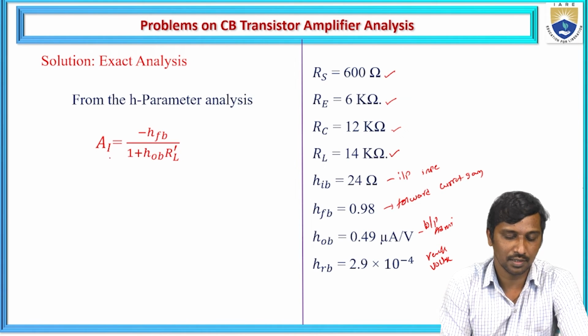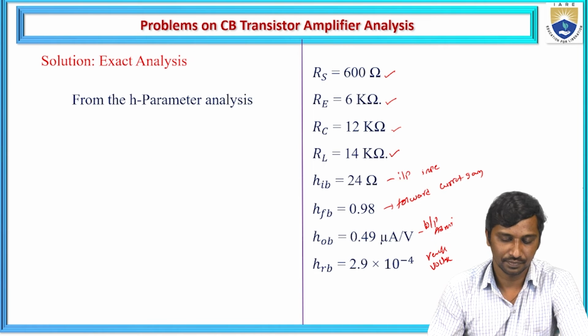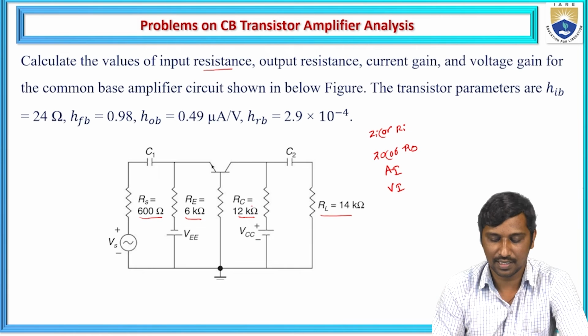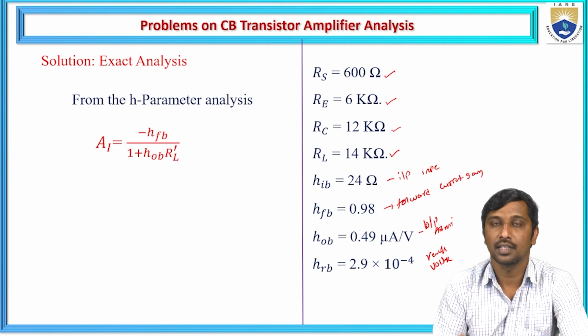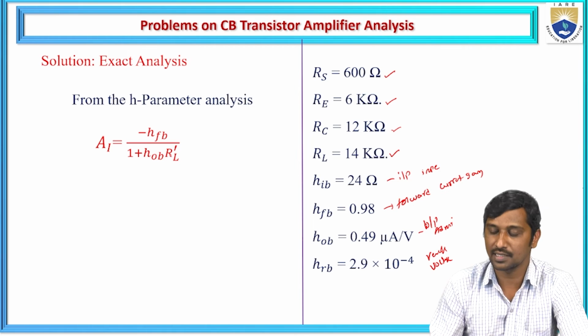If you observe the circuit, on the output side we have two resistances, the collector resistance as well as the load resistance. Hence, I'm going to use this representation. The current gain is represented as minus HFB by 1 plus HOB times RL dash.